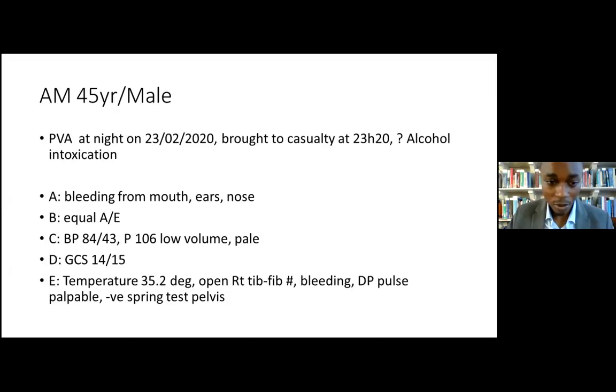He was hypothermic with a temperature of 35.2, and an open right tib fib fracture was noted, which was actively bleeding. The distal pulses were palpable, and a negative spring test for the pelvis was documented.